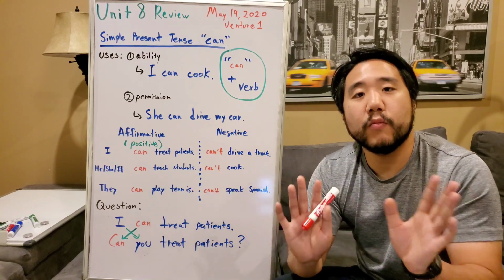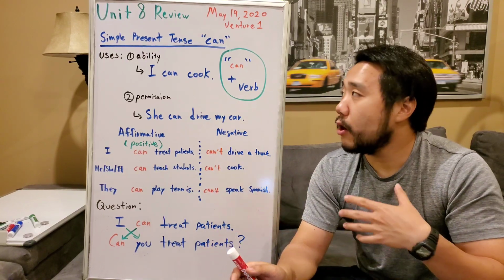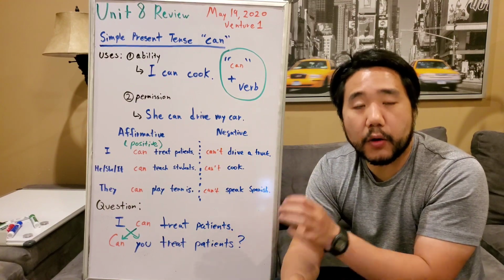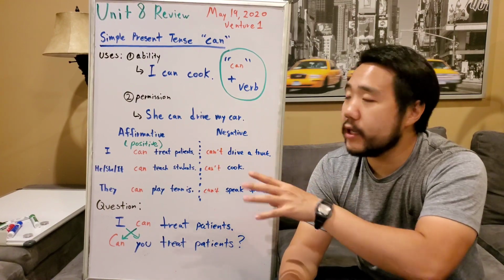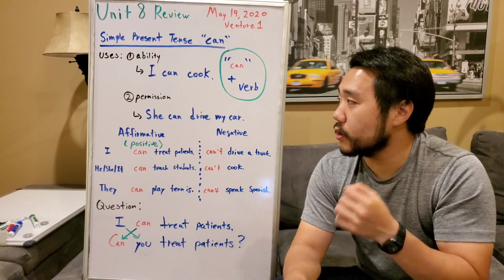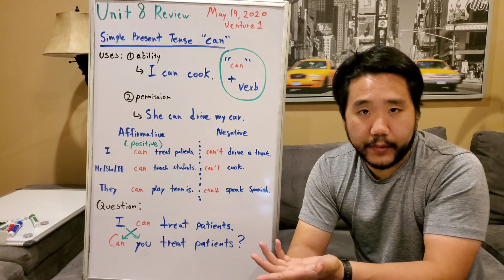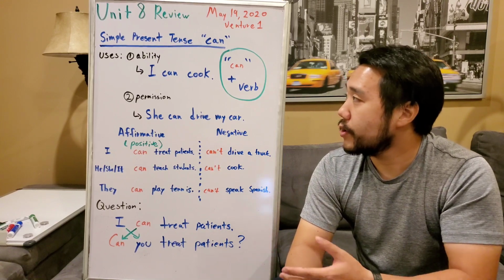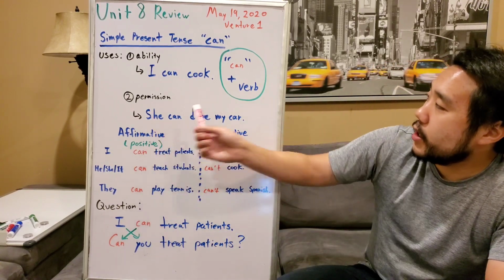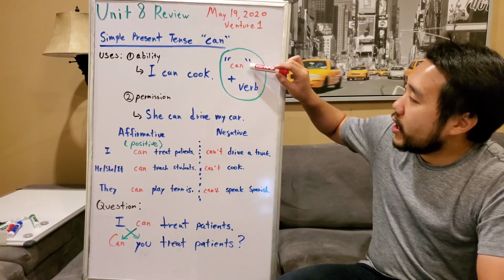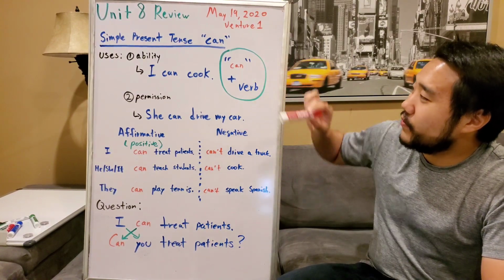There are many more usages other than just talking about abilities and permission. But we are in Unit 8, so we're only going to talk about 2 things: giving permission and talking about abilities. So how do we use it in a sentence? We just use the word can plus the verb.